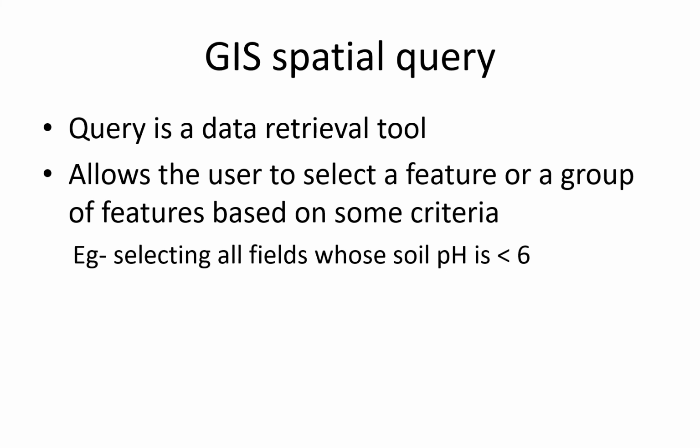For example, if one wanted to know all the fields whose soil pH is less than 6, so this pH less than 6 is a criteria. So we'll set this criteria and query the GIS database to show us all the fields whose pH is less than 6.